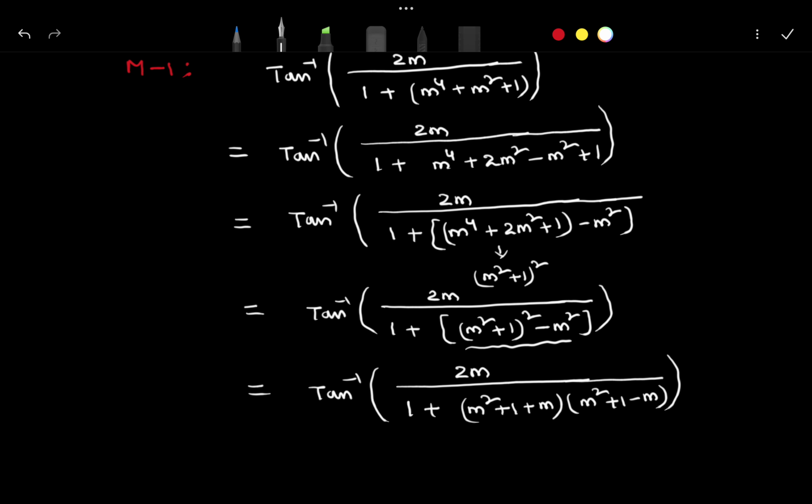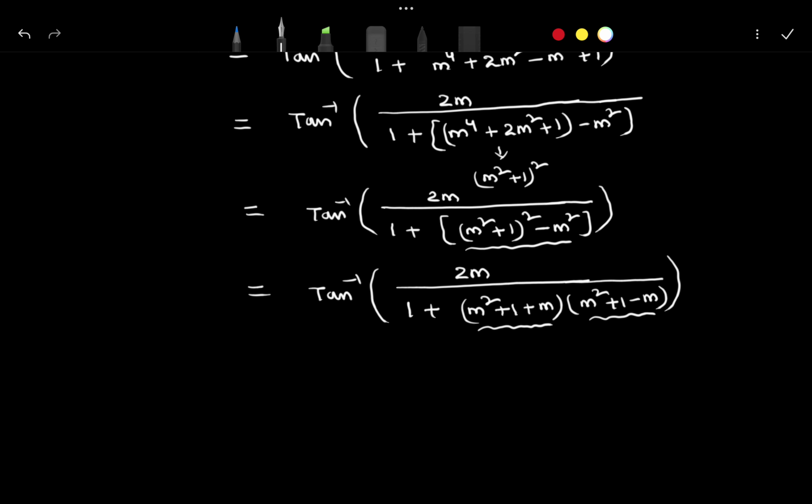Now how can you convert the denominator in terms of m square plus 1 plus m? That is equal to tan inverse of m square plus m plus 1 minus of m square minus m plus 1.